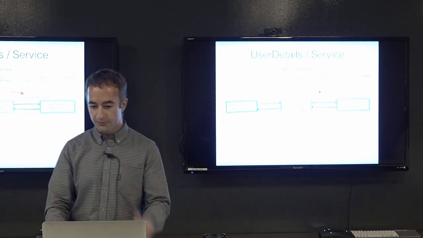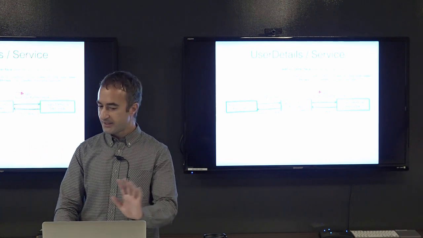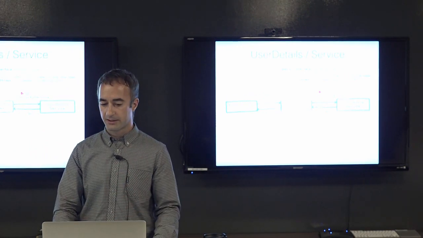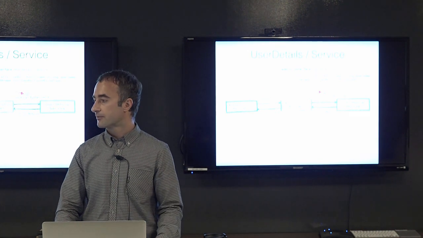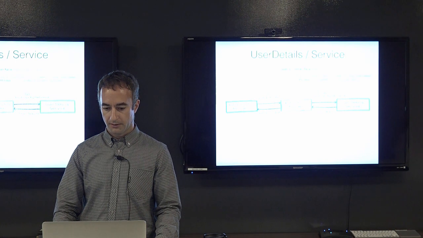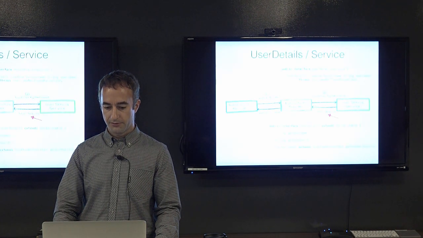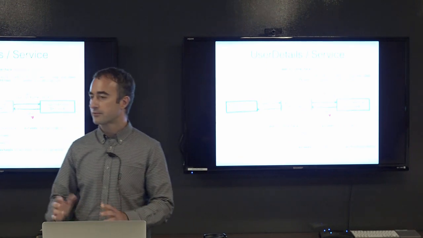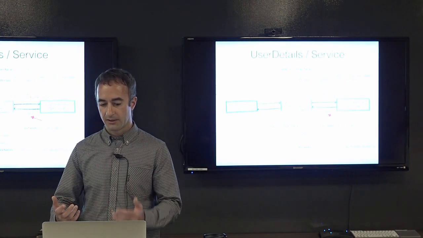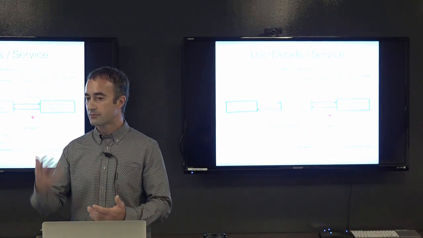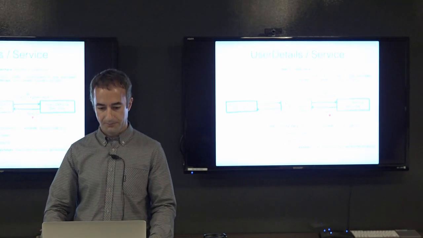So it leverages this user details service, a pretty simple interface. It takes in the username, which is the login name, and it returns a user details implementation. And the user details interface again has username, password, and a collection of authorities. Once again, this is an interface. You implement your own user details to provide extra information.